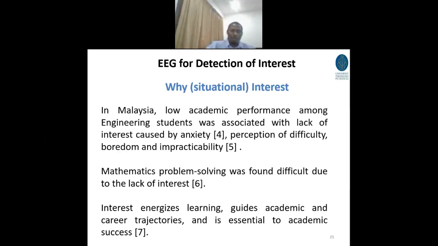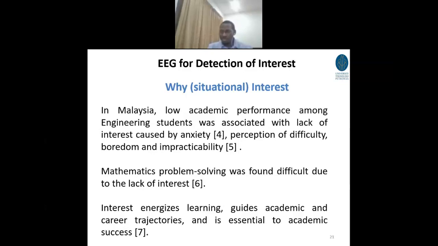Some other motivations for why we go for this detection of interest. Now, just some references over here. In Malaysia, low academic performance among engineering students was associated with lack of interest caused by anxiety, perception of difficulty, boredom, and impracticability.